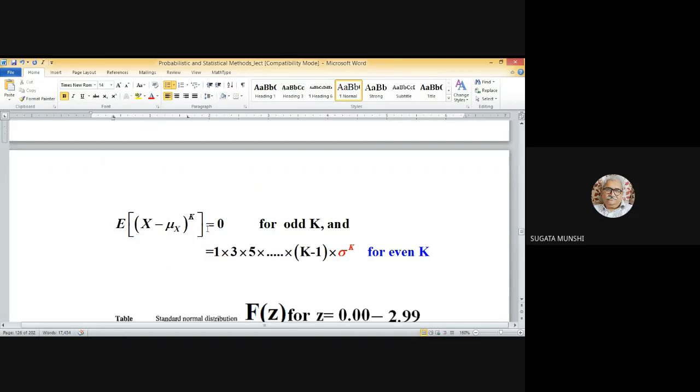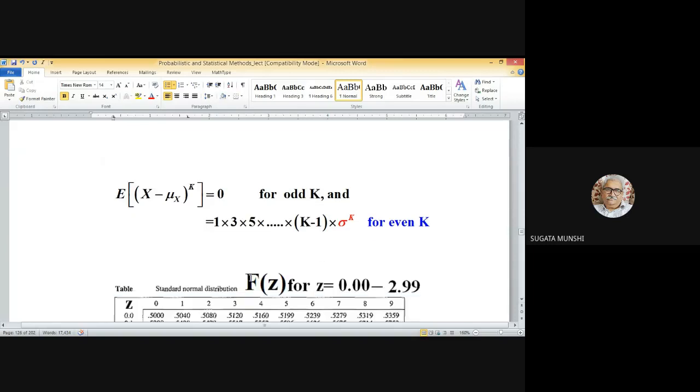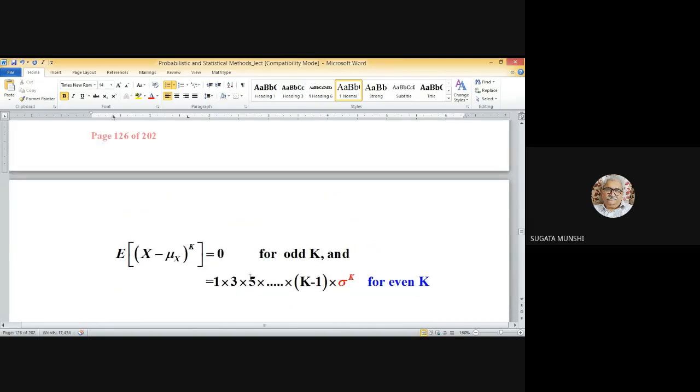So that will be 0 for odd k, and for even k, if you evaluate, you will find that this will be the nature of the kth central moment: 1 into 3 into 5 in this way up to k minus 1 times sigma to the power k, for even k.